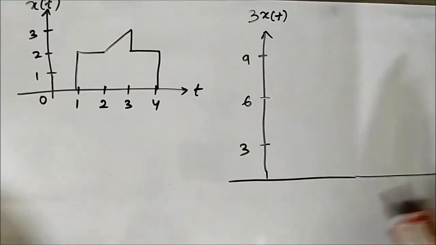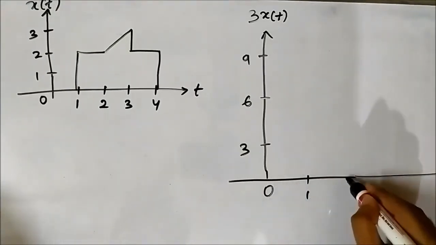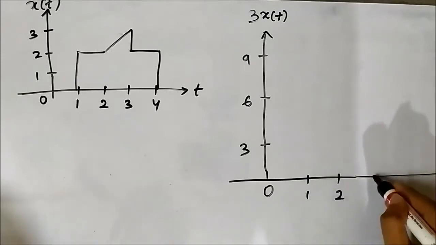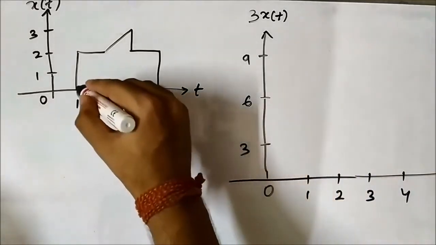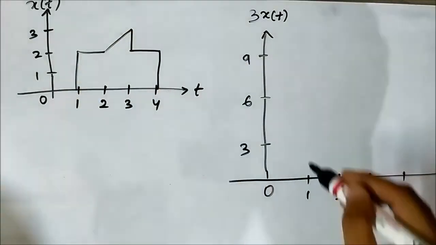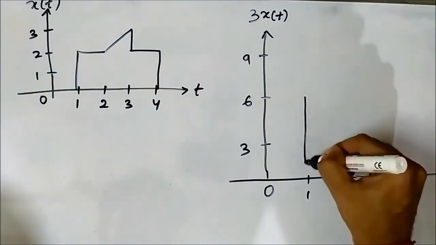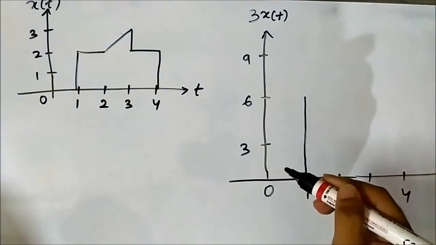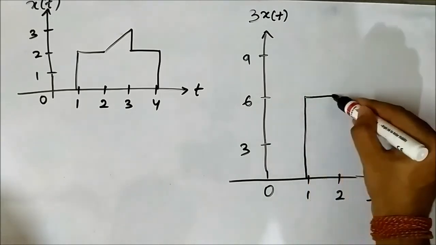So here it is 0, 1, 2, 3 and 4. At 1 this amplitude is 2, so in this case it will be 6. Then we will follow the same pattern.